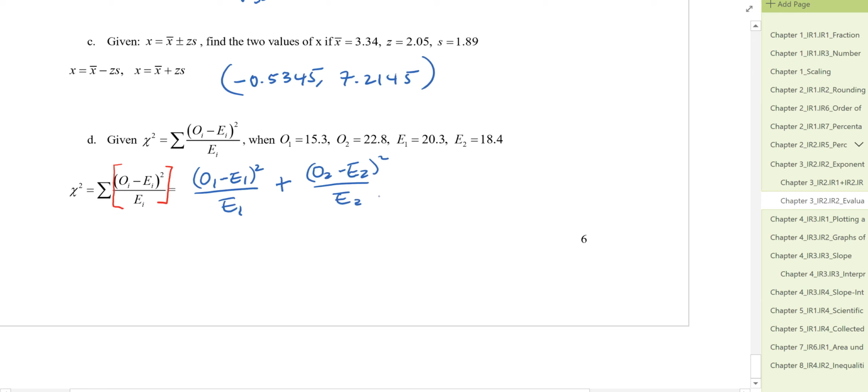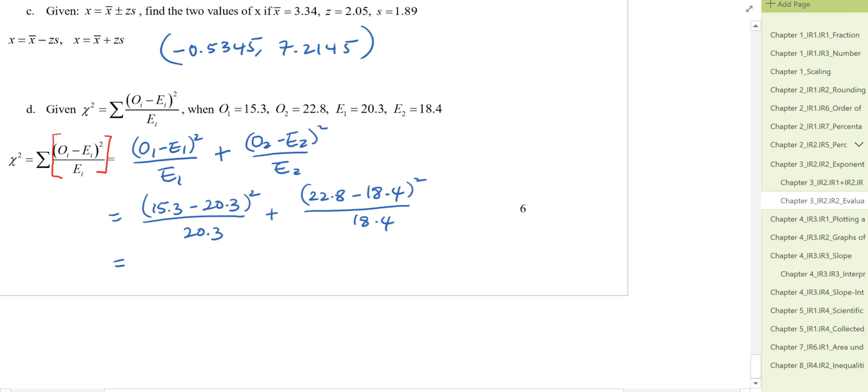I stop at 2 because this is the last term. So now I just substitute it in: O1 is 15.3 minus E1, 20.3, quantity squared over E1, which is 20.3, plus O2, which is 22.8, minus E2, 18.4, quantity squared over E2, which is 18.4.